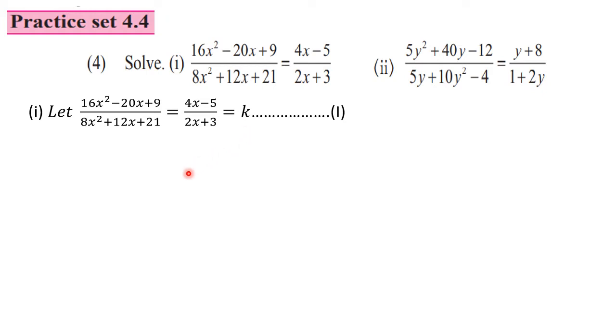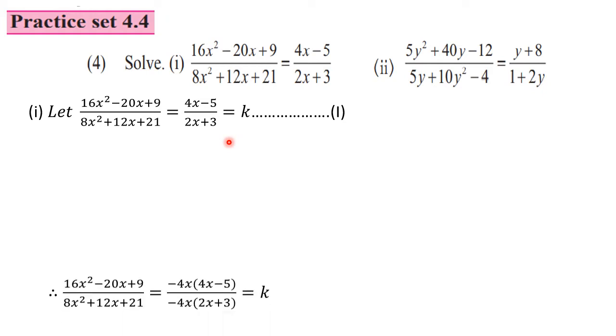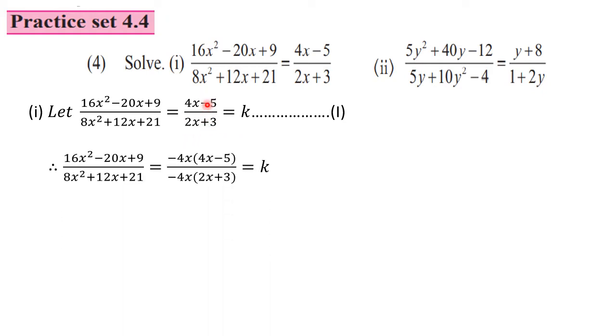Now here we want to use the theorem on equal ratios, and by using that we need to cancel some of the terms. Either we can add or subtract depending upon the situation, but here the terms are not the same. So to make these terms the same, we are going to multiply the second ratio by minus 4x. Why minus 4x?